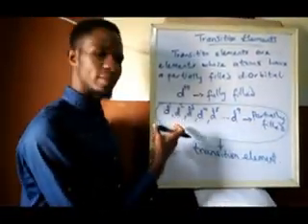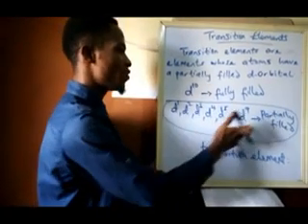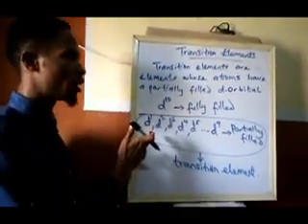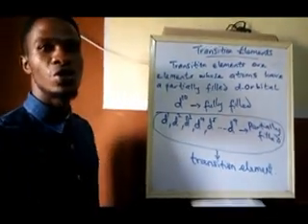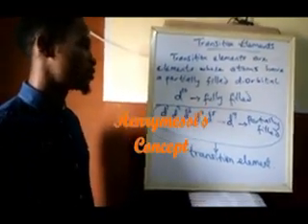When an element has any of these d orbitals, it is referred to as a transition element.